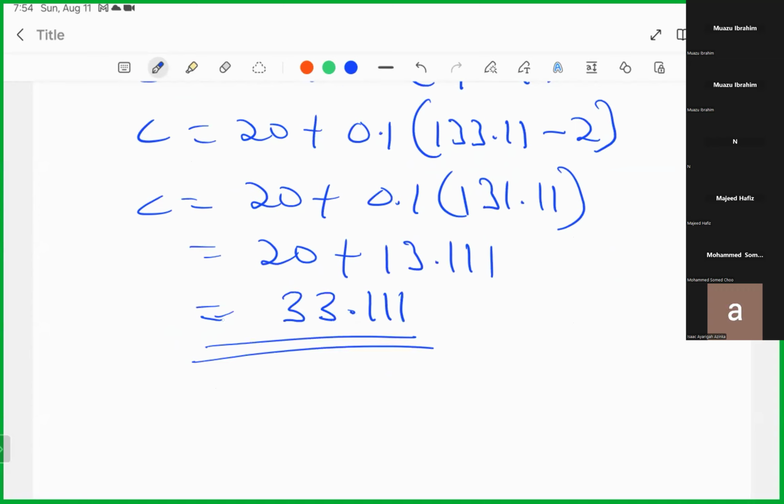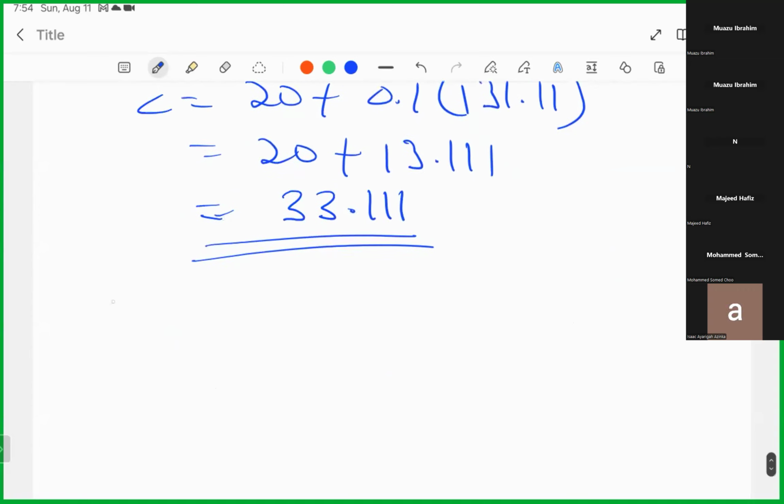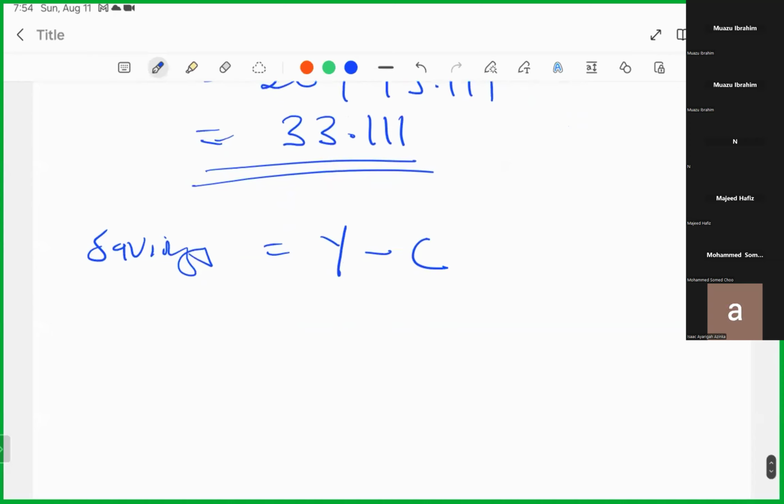And if you are asked to find savings, savings will now be what? If I ask you to find the national savings, it would be the national income minus consumption.